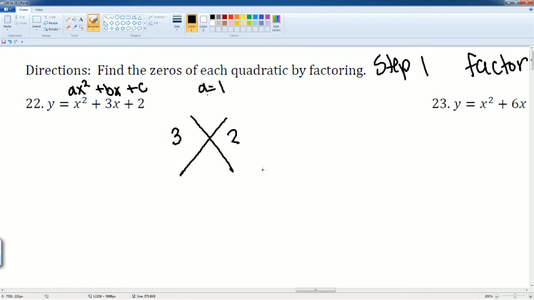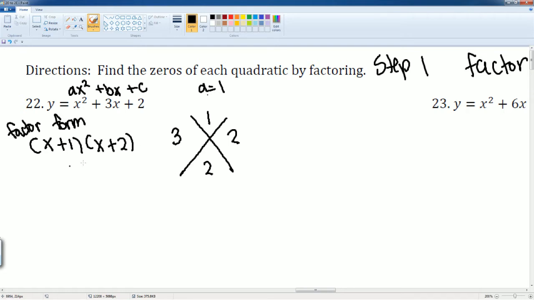What I'm going to pick is 1 and 2. 1 times 2 gets you 2. 1 plus 2 gets you 3. So it is x plus 1, x plus 2. I just factored that, so I am done factoring.